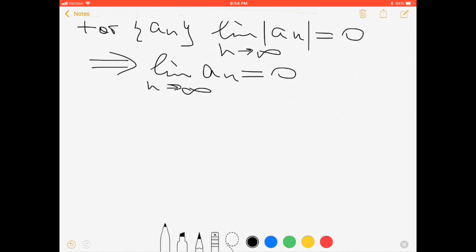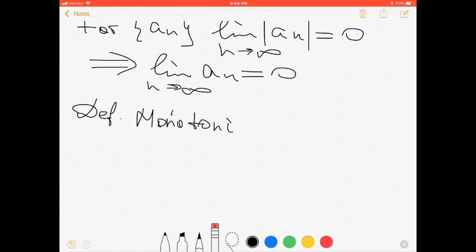Now we have a couple of definitions. One is the definition of a monotonic sequence.